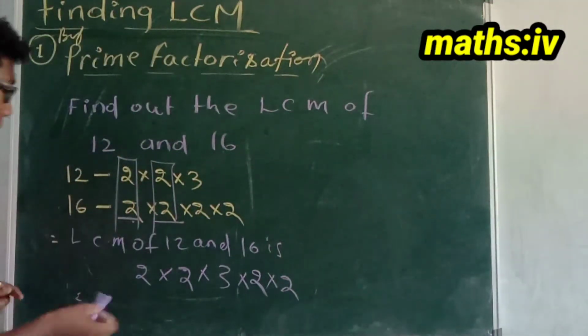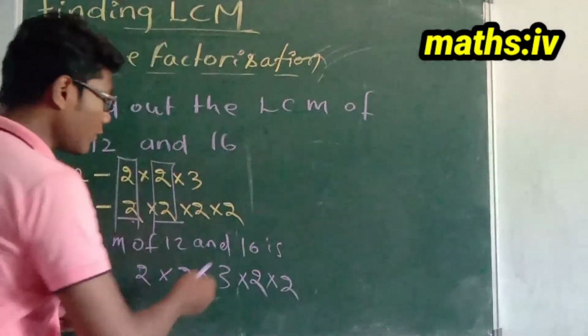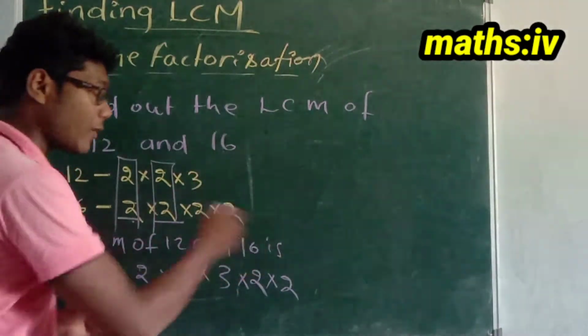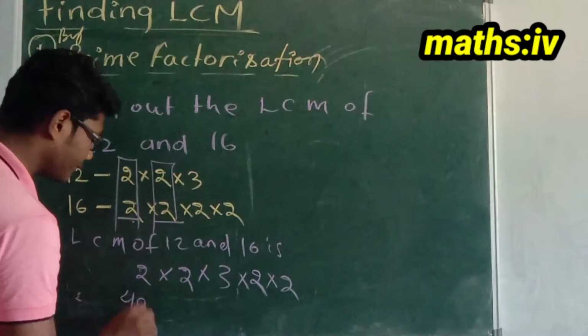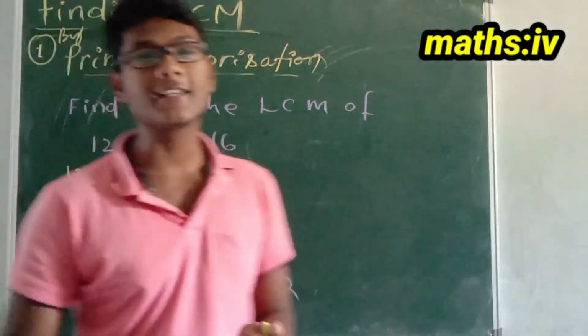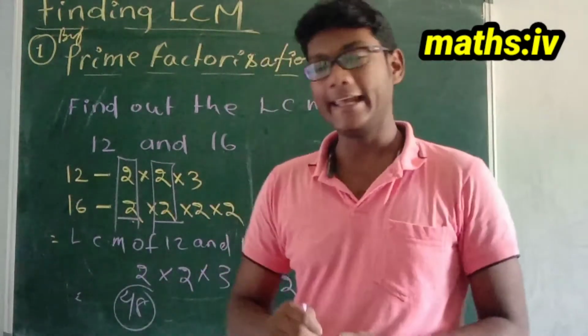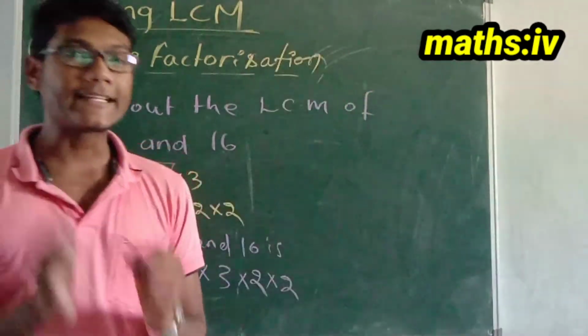So what will be the answer? 2 2s are 4, 4 3s are 12, 12 2s are 24, 24 into 2 is 48. Clear, students? So LCM of 12 and 16 is 48. Let's take the next example.